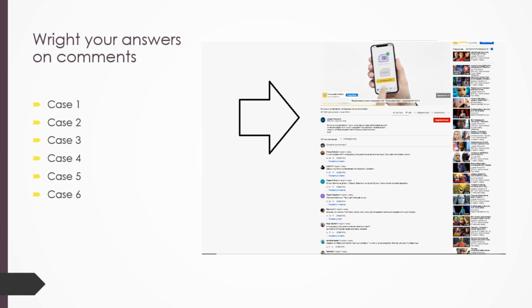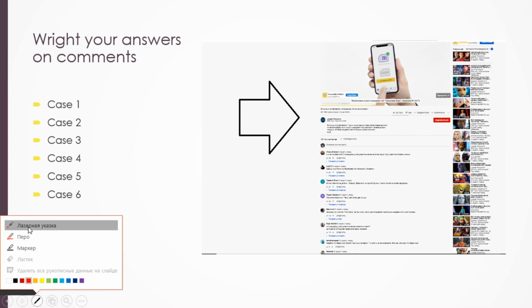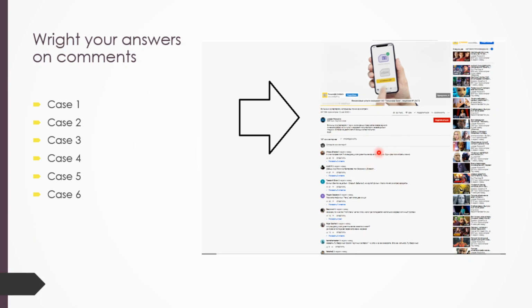Now you have 6 cases, and I want you to write the answers in your copybooks. I want your answers in the comments. For example, case number 1, it is peritonitis.